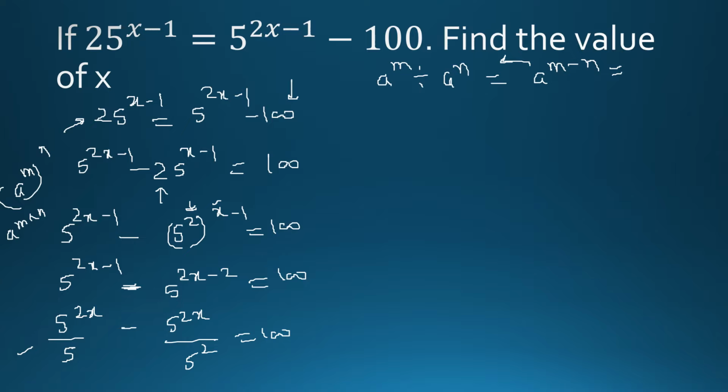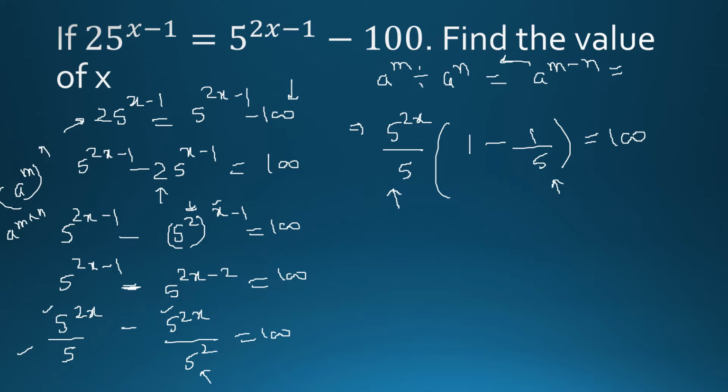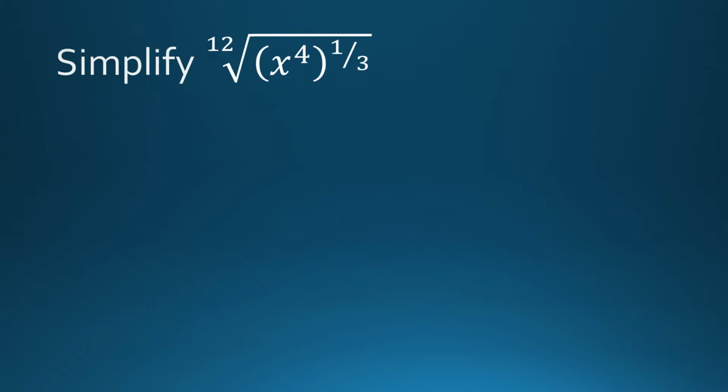Can I take common now? See, 5 raised to power 2x is there in both of the numerators, and in the denominator at least 1 5 is there. So what is left? 1. Here 1 by 5. Correct? Because here there are 2 5s, so 1 5 is taken common, so 1 5 is left. Now again the base is the same, the power gets up. Okay, so in this question we have to simplify.